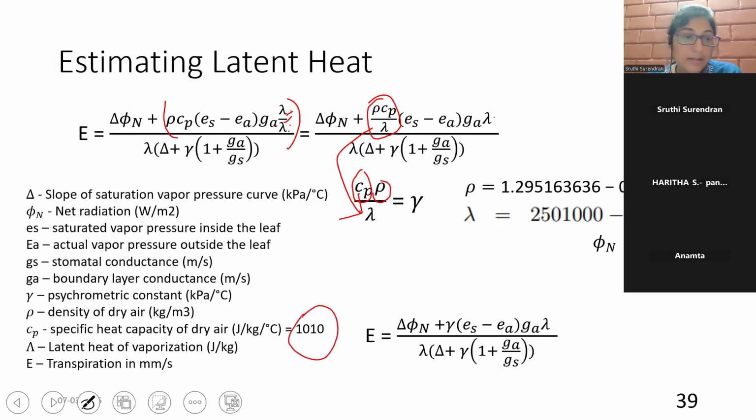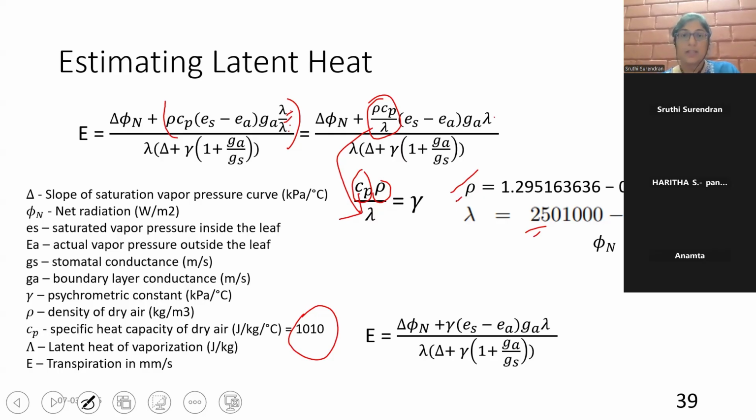The density of dry air is around 1.2 kilogram per meter cube. And latent heat of vaporization you can calculate with this equation. Then you will get the psychrometric constant.